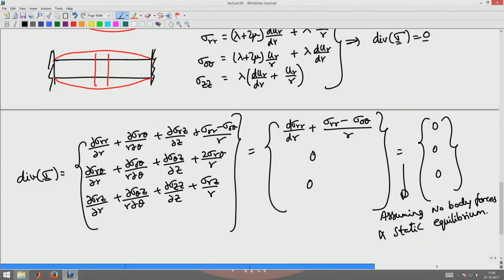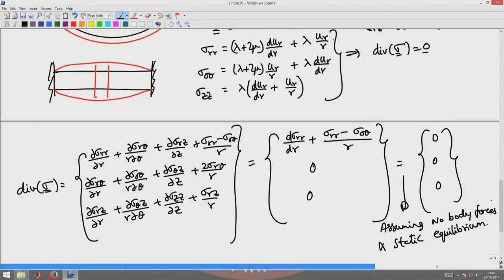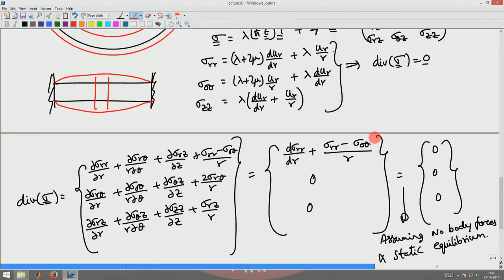Okay. Now, what we will do next is substitute sigma r r and sigma theta theta into the expression here, and we will see what differential equation we get.